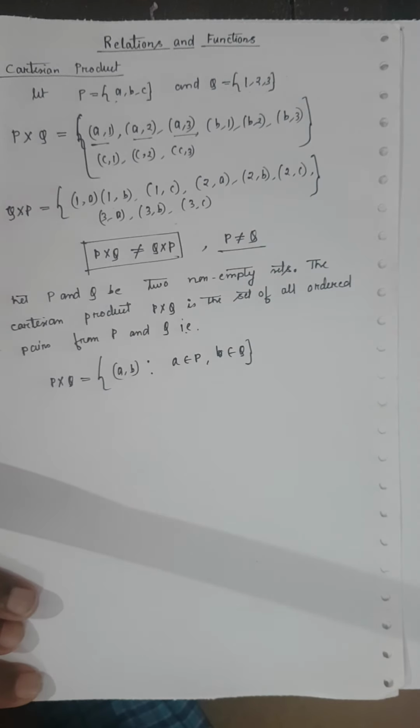It is the set of all possible ordered pairs from the set P and set Q.